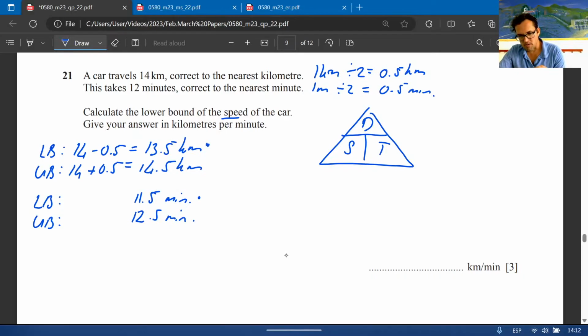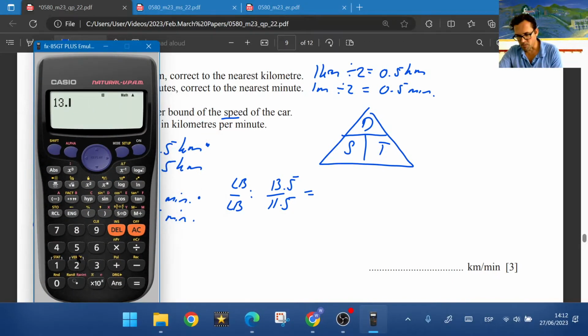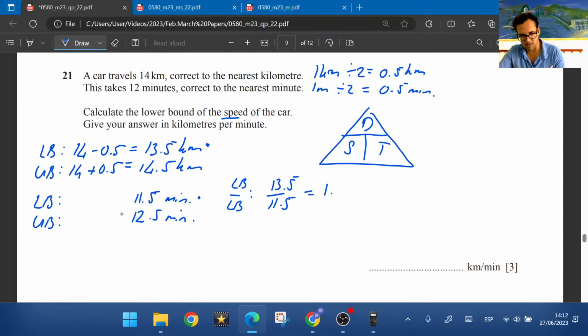13.5 divided by 11.5. This is the lower bound divided by the lower bound. What's that going to give us? 13.5 divided by 11.5 is 1.174. Let's do 4 significant figures.